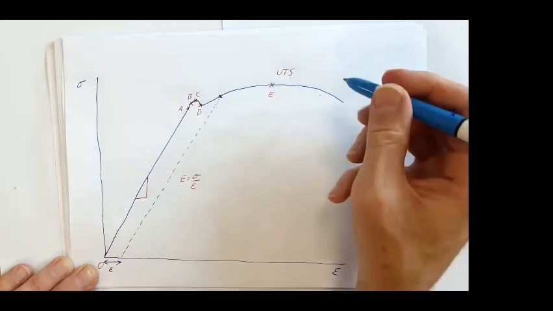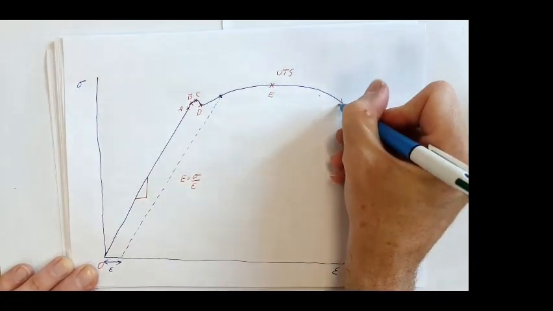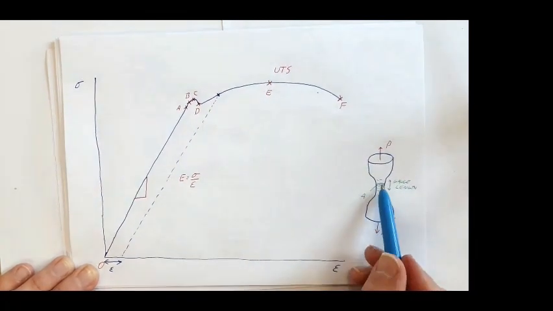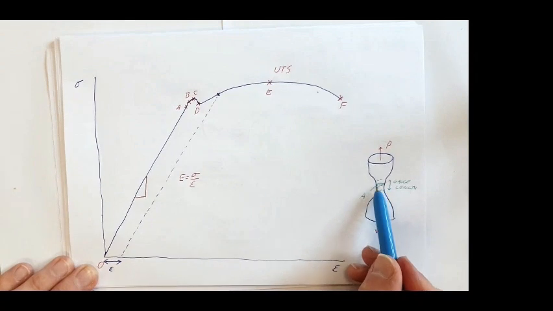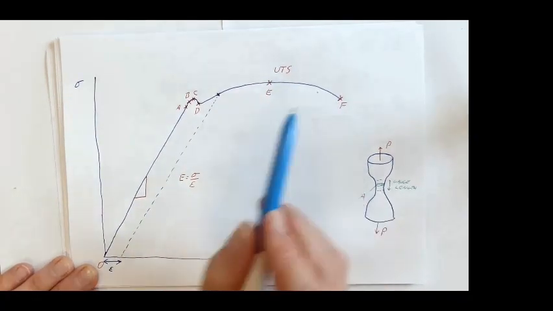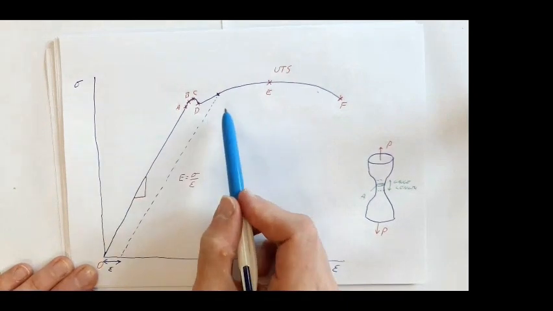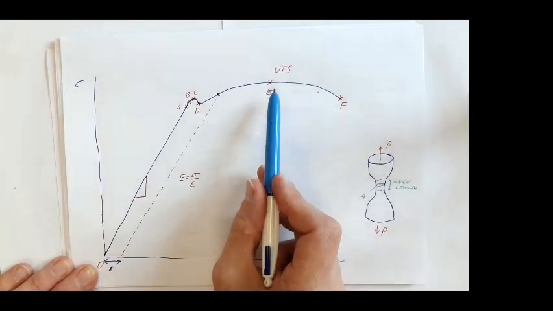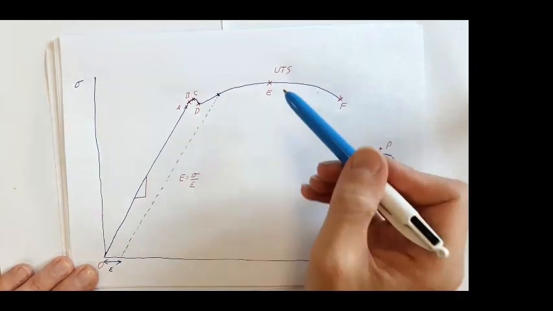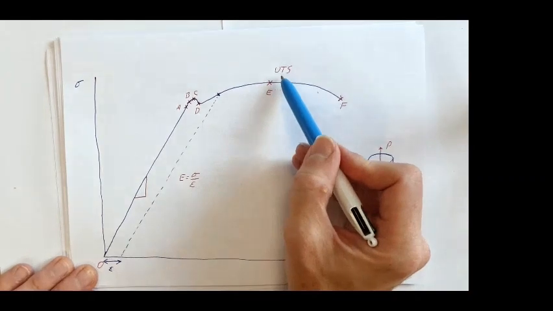Beyond E, up until failure, point F, we're starting to see this area neck. We're seeing a reduction in our cross-sectional area as our part necks, and then eventually it would fail at point F. So between D and E, it's known as elastic plastic. Beyond E, we're seeing plastic deformation as our part starts to neck.